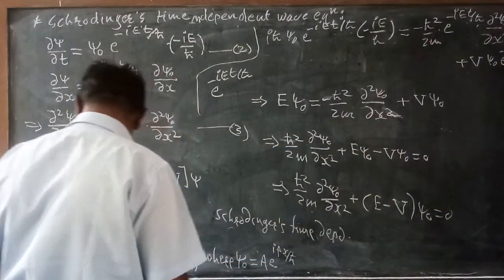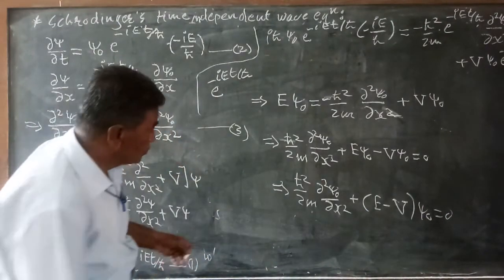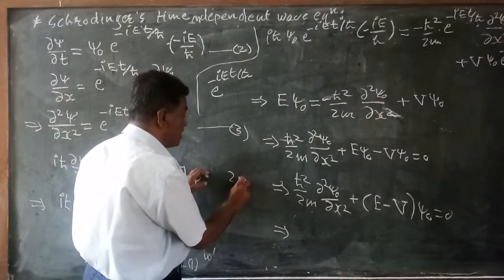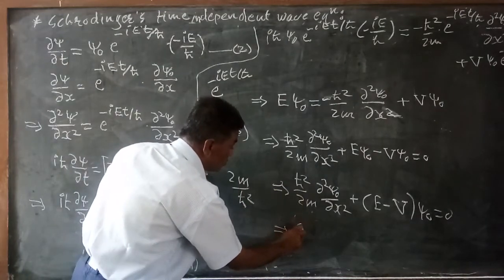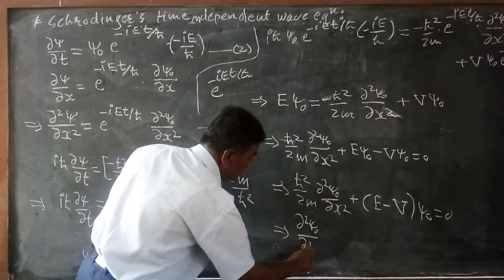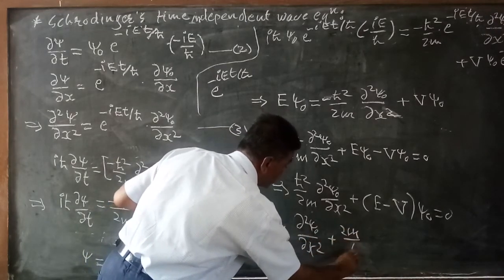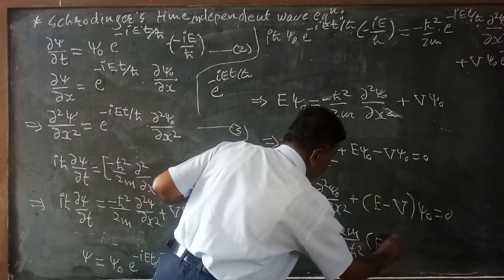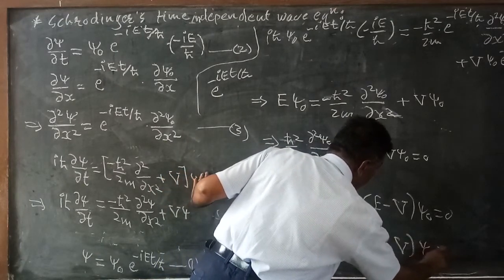And finally, from that equation, we will multiply this equation by twice m divided by h cross square, so this gets cancelled, so what remains is d square psi 0 divided by dx square plus twice m divided by h cross square into bracket E minus potential energy, that is V, into psi 0 is equal to 0.